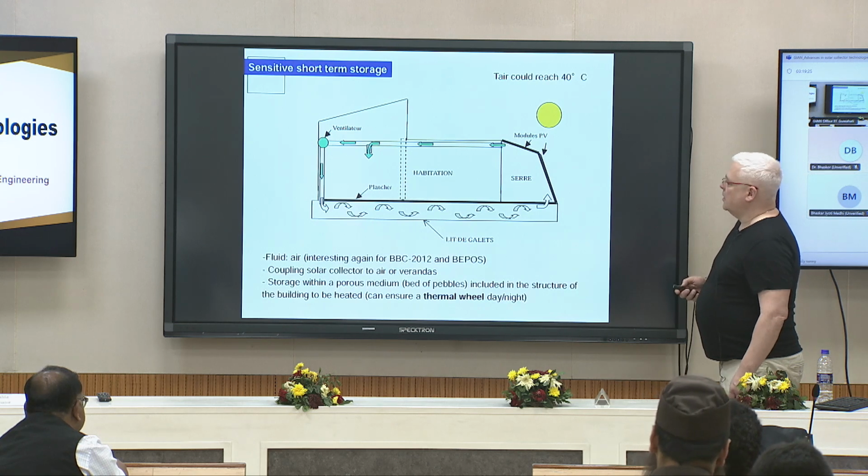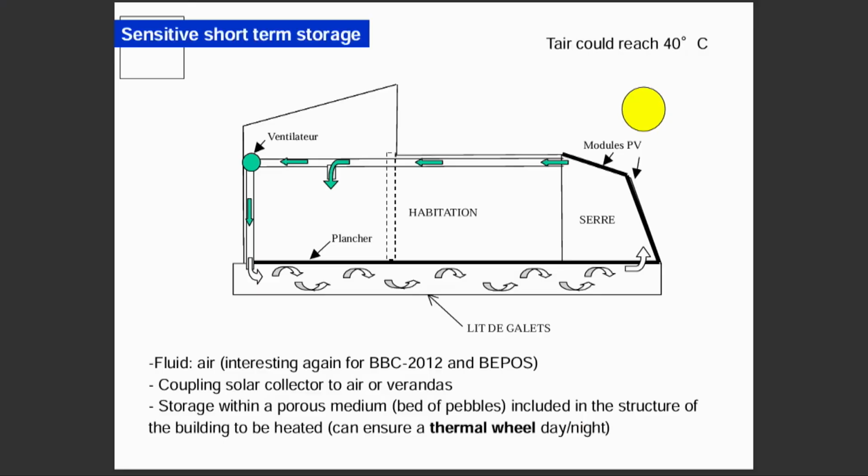Okay, so another way to have sensible short-term storage was some houses that were developed in the 80s, but at that time, unfortunately, the insulation of these houses was not good.